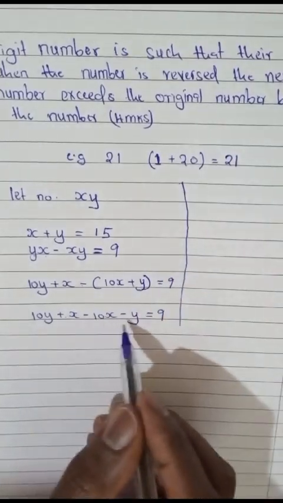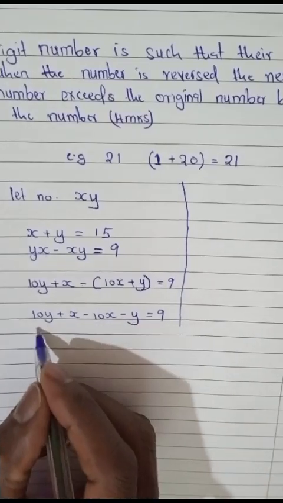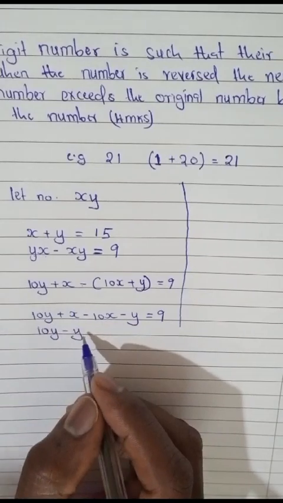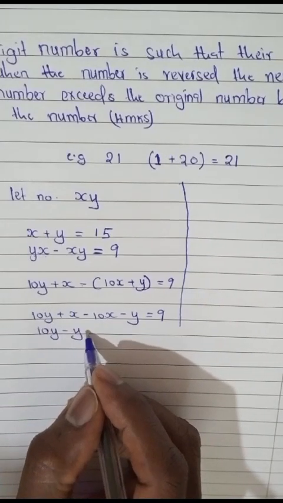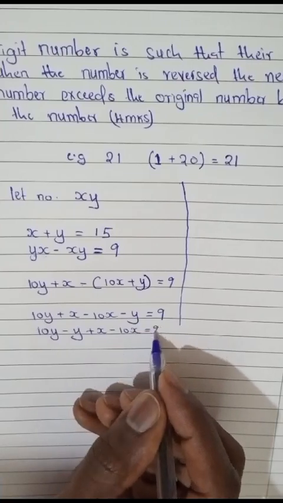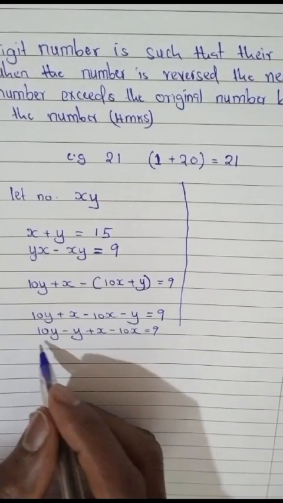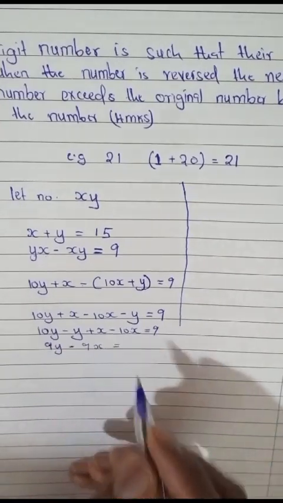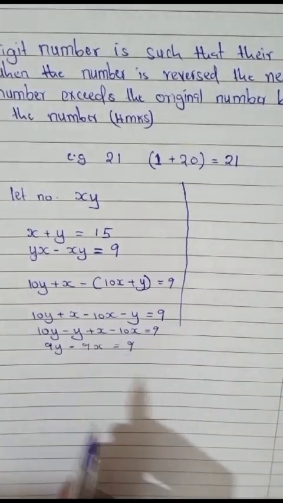Now, collecting like terms here, we'll have 10y minus y plus x minus 10x, which will be equals to 9. If you perform this, you will remain with 9y minus 9x, which will be equals to 9.